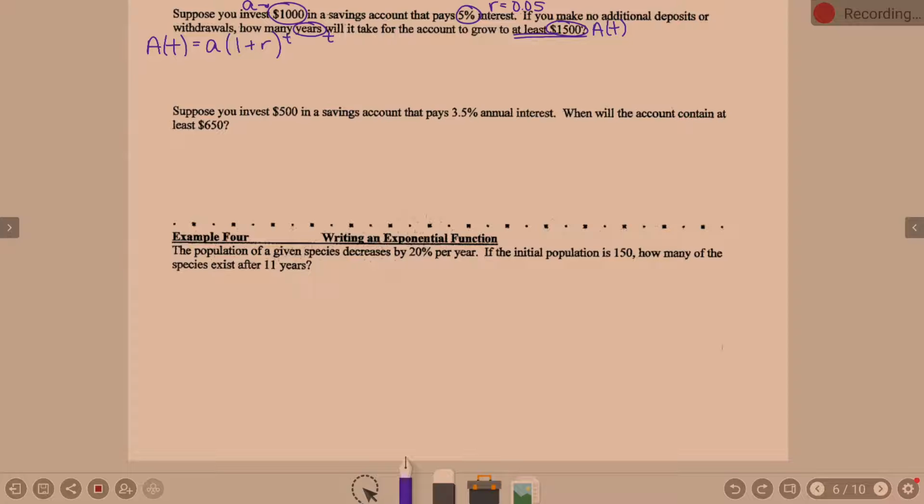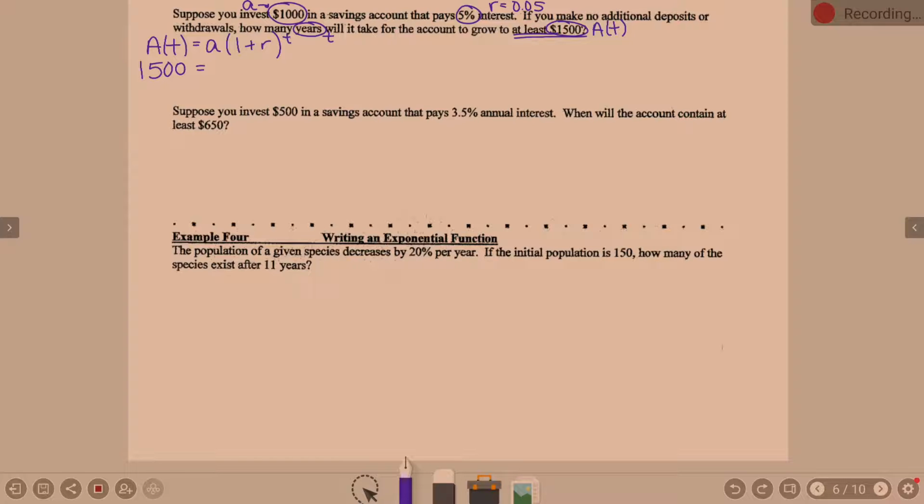So if we fill this in, what goes in for A of T? 1,500 goes in for A of T. What about little a?